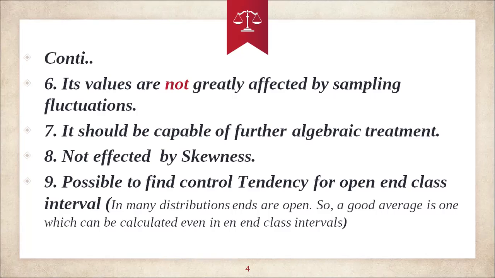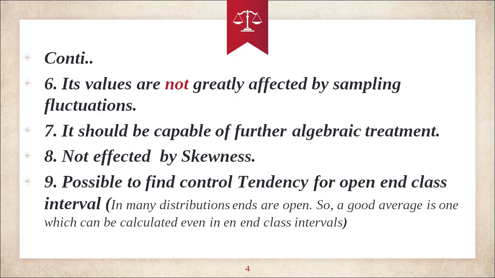We can find the average even when the classes are open-ended. For example, if you take 0 to 10, it may be 0, it may be 10, or in the middle also. In that case, we can find the averages also. So it is possible to find central tendency for open-end class intervals.